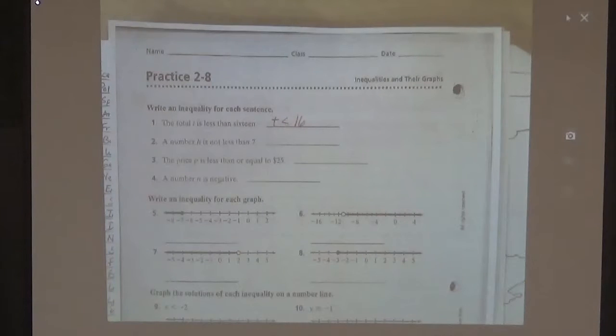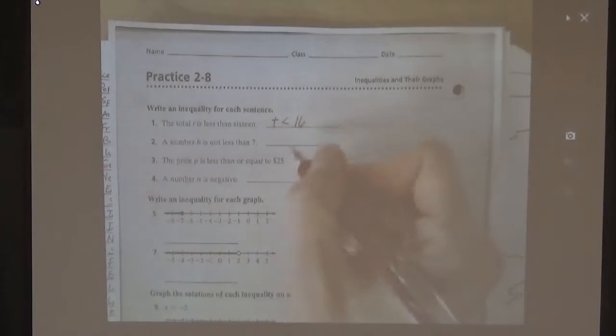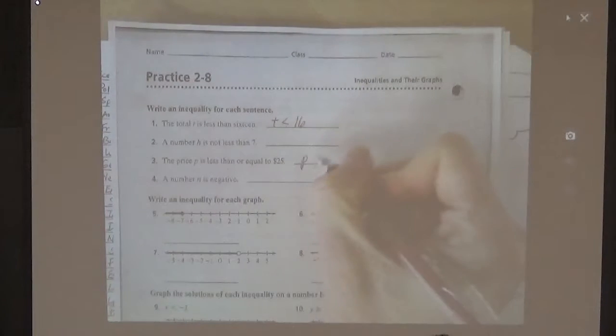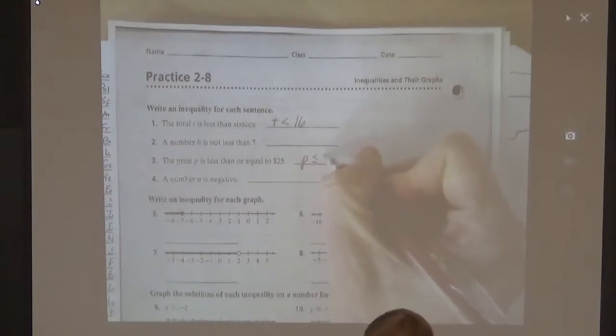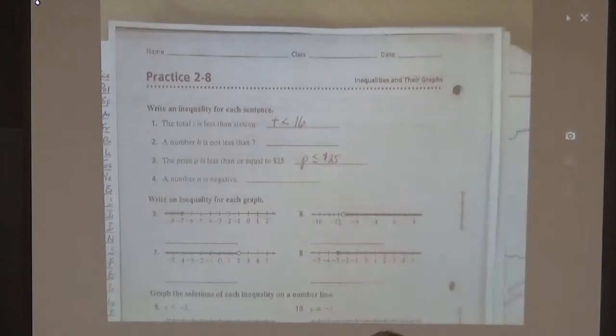You can't remember exactly what it was, or you're not sure what it will be, but you know that it will be less than $25. So P is less than or equal to $25. That's how an inequality is applied in the real world. That's how you write those, or what they refer to.